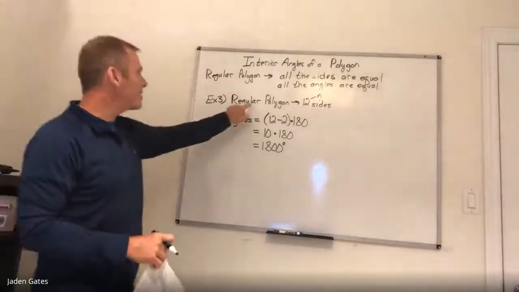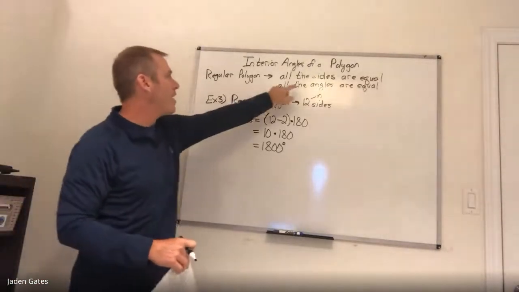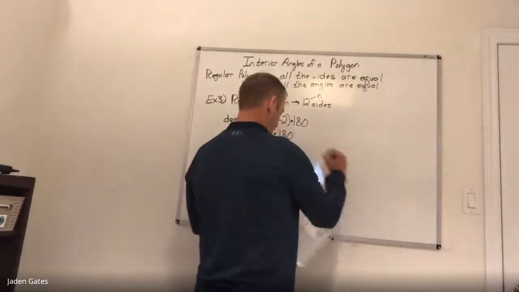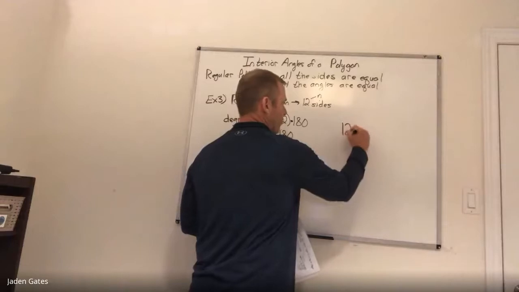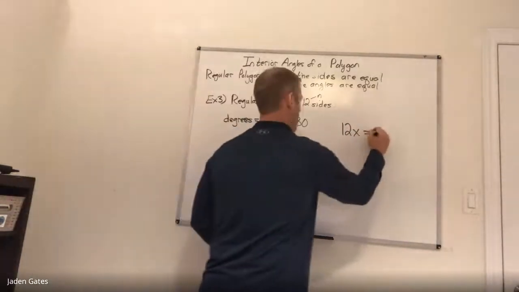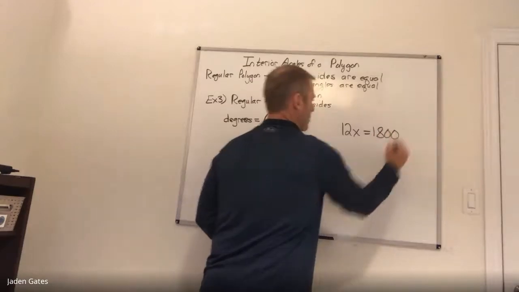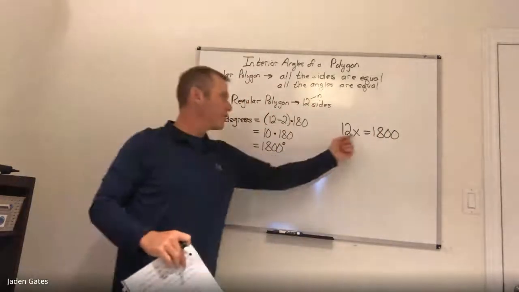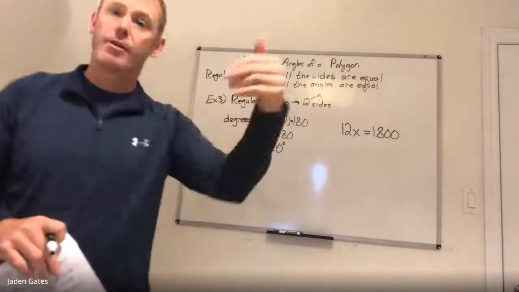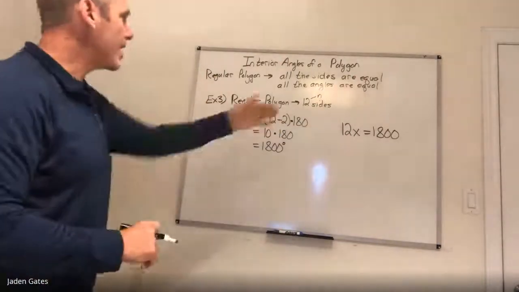But here's the thing, we want to know what one angle is. Because it's a regular polygon and they're all equal, every one of these 12 angles, so 12x, is equal to 1,800. It's like if we took x plus x plus x, 12 times, we get 1,800.